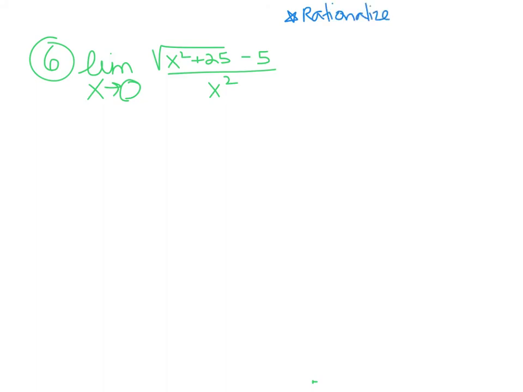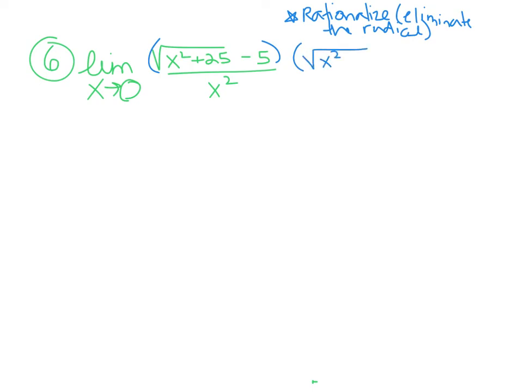So rationalizing can either occur with the numerator or the denominator. What I mean by rationalizing, I mean that we're going to eliminate the radical. And we do that by multiplying by its conjugate.